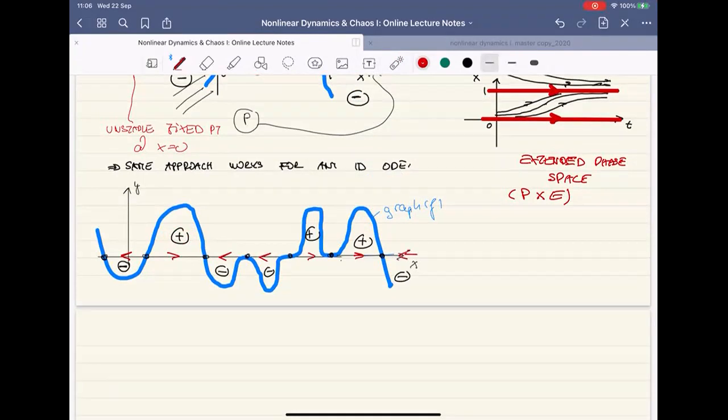And remember that we are actually done, because the phase space in this problem, since it's a one-dimensional ODE, is just this line over here. So this is the phase space. Let me just speed these up.